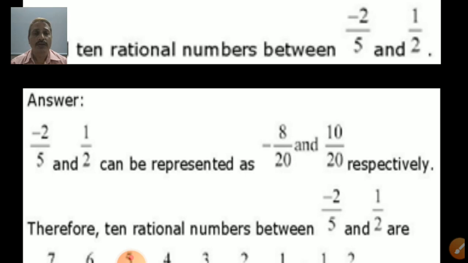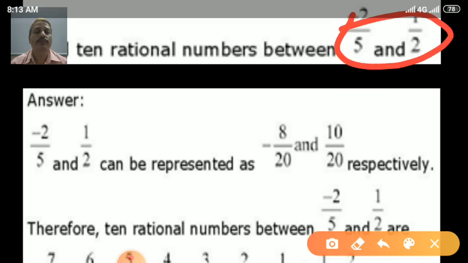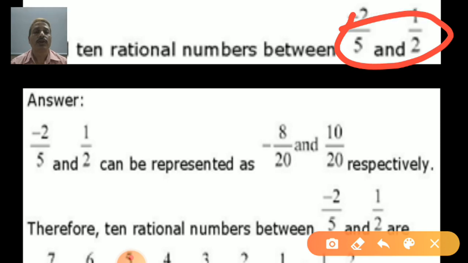So try to understand the question first. They ask us to write 10 rational numbers between these two numbers. So first of all, check the denominator. This is a 5 and this is the 2. Make the equal denominator, then only you can compare and find the numbers.